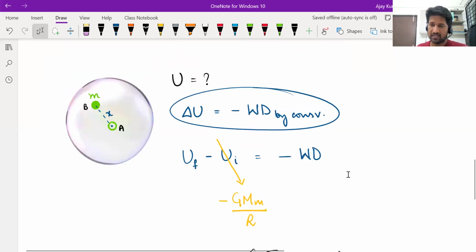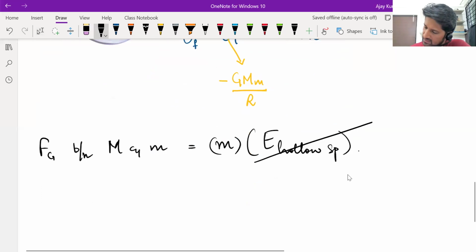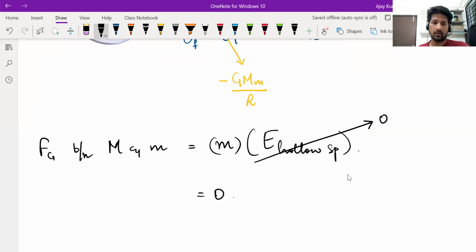Now that particle is being taken from the center of the hollow sphere to another point inside the hollow sphere itself. So as it is taken from A to B, it does not experience any field from the hollow sphere. This is zero. That means it does not experience any force at all.